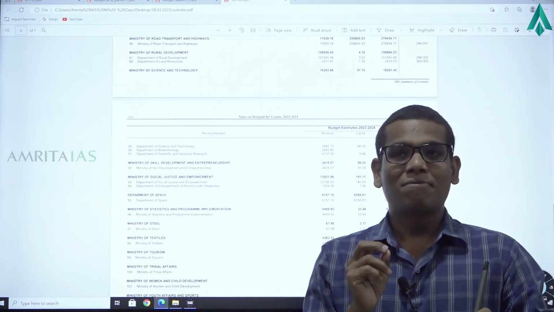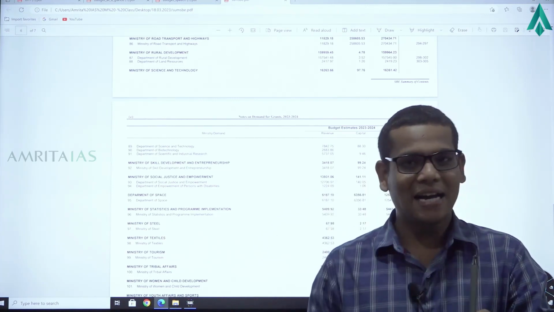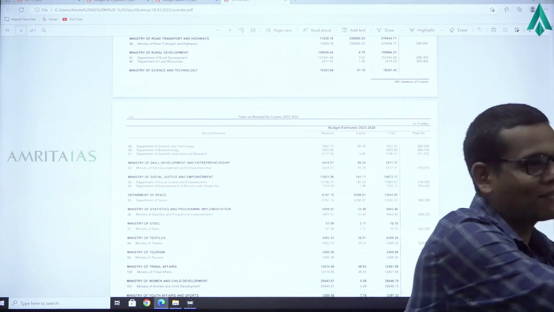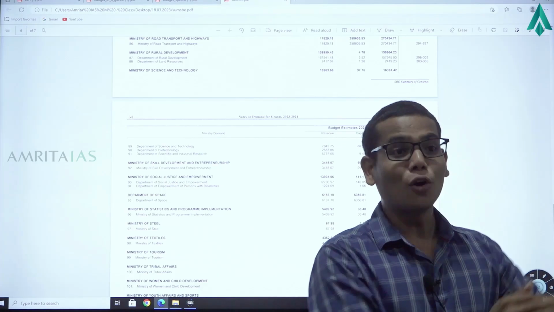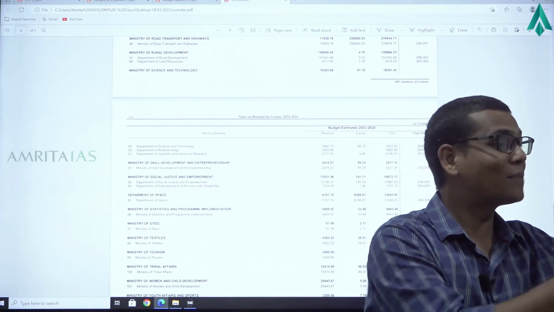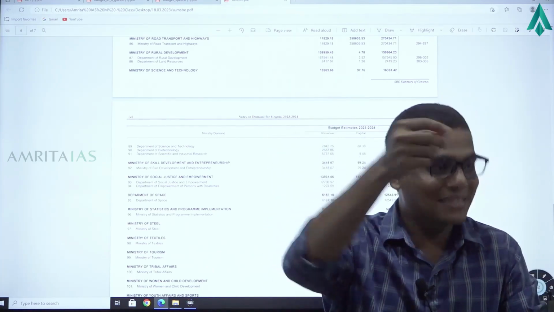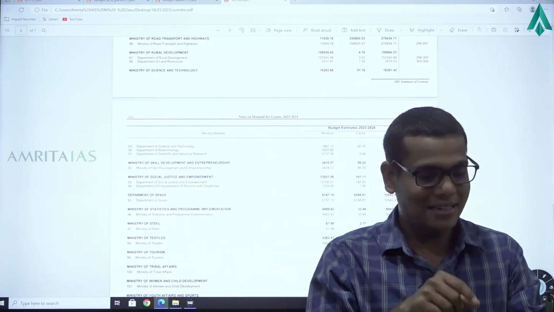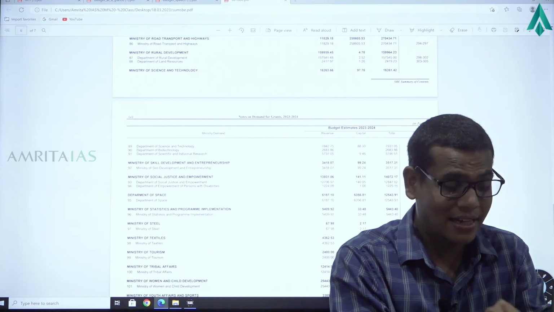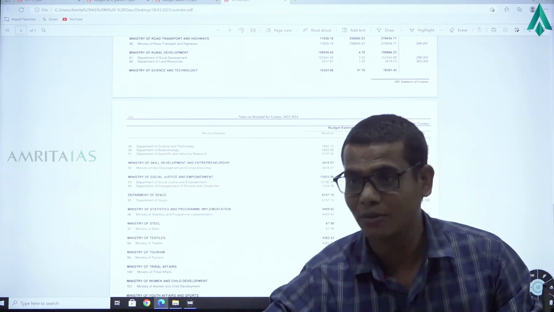suppose I collect the tax now, it will go to the consolidated fund of the state. We don't know again where we really reprioritize whatever money you have collected. Suppose I collect it as a cess, then I can utilize this fund only for this particular purpose.